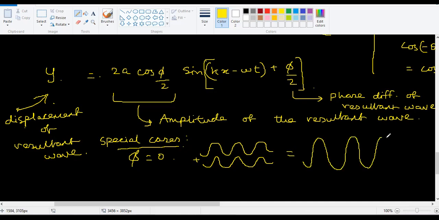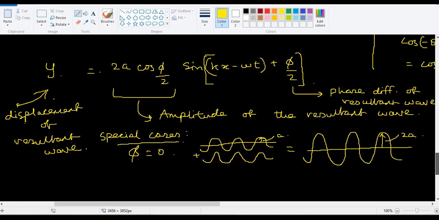It will become double. So when this is 0, cos 0 is 1, and it will become 2A.